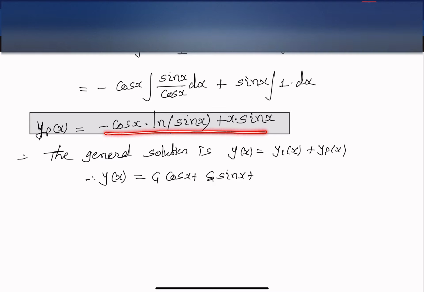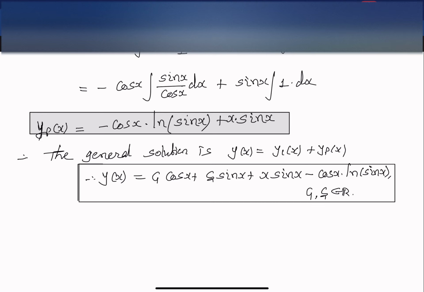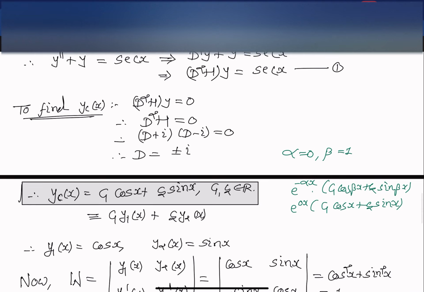Minus cos x ln sin x plus x sin x. So now I am writing x sin x here and minus cos x into ln sin x, where c1, c2 are real. This is the end of exercise. In the examination, you are always supposed to solve the exercise in this manner.